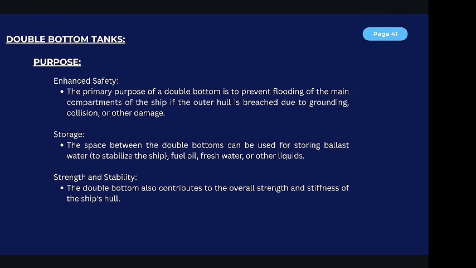The purpose of this is to enhance safety. The primary purpose of a double bottom is to prevent flooding of the main compartments of the ship in case the outer hull is breached due to groundings, collisions or other damages.